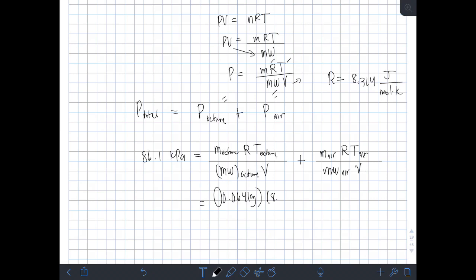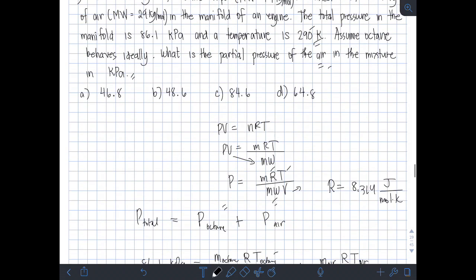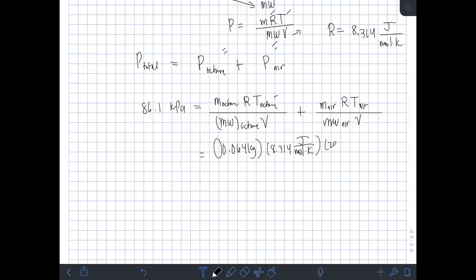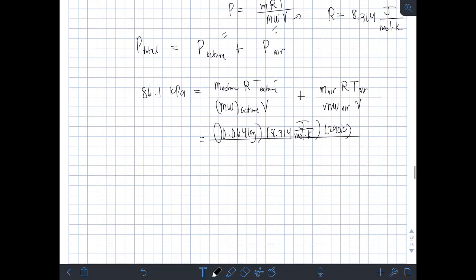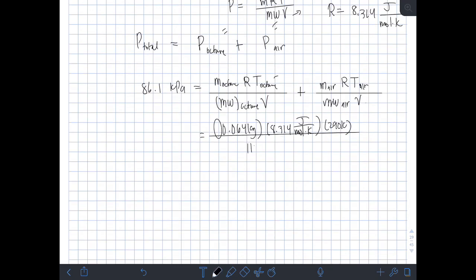So, times 8.314 joule divided by mole Kelvin times temperature ng octane, pareho silang 290 dapat, right? So, times 290 Kelvin divided by molecular weight is 114 kg per mole.